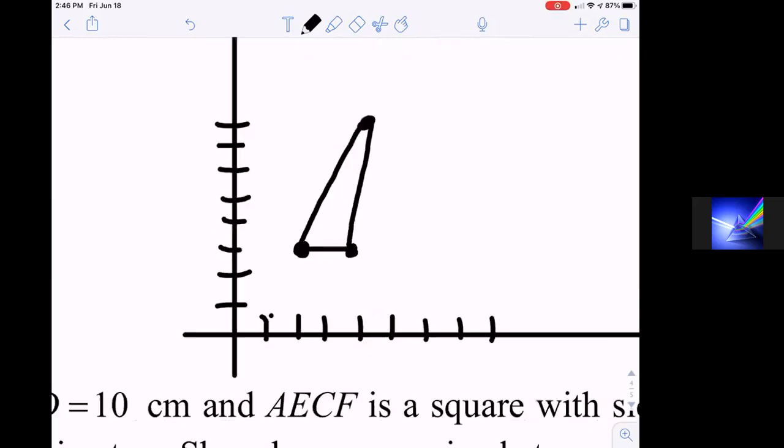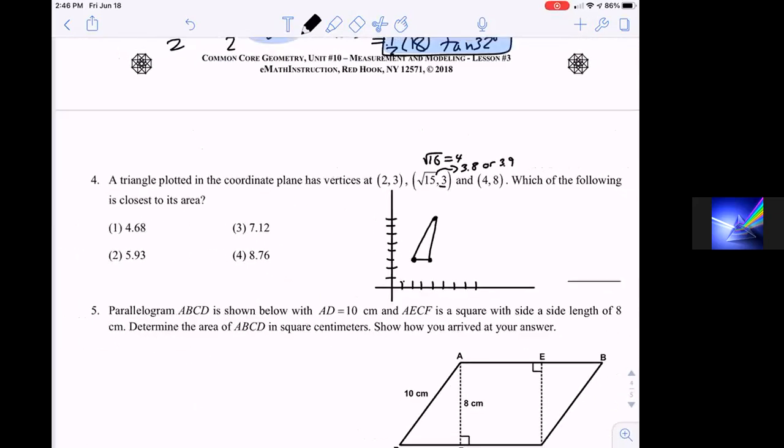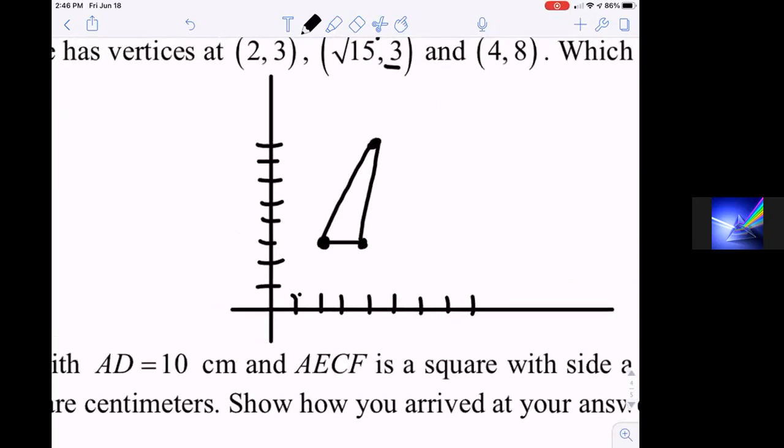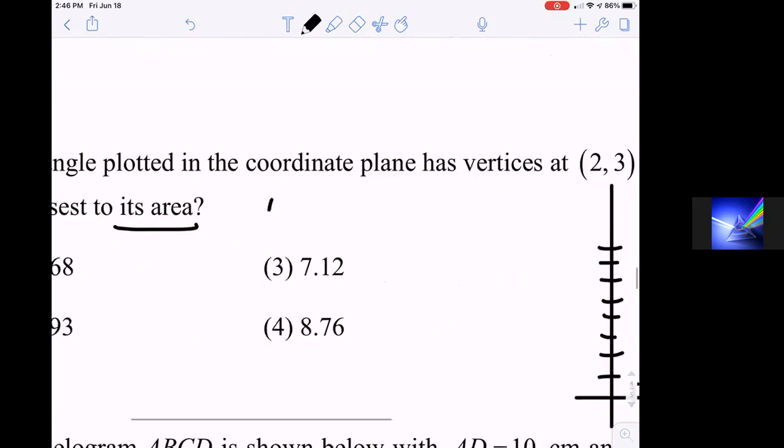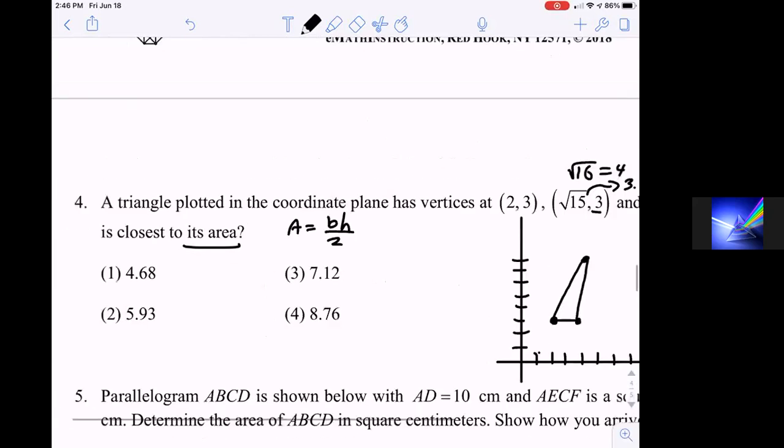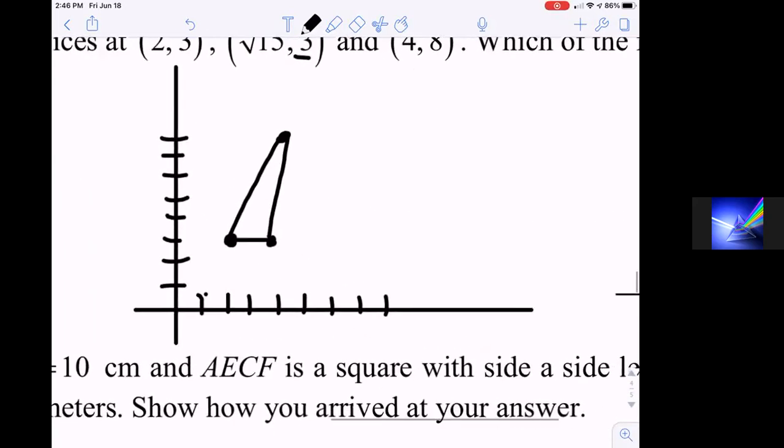Okay, now we need to essentially approximate its area. So the area is going to be the base times height divided by 2. Now to get the base, this coordinate right here is the square root of 15 and 3.